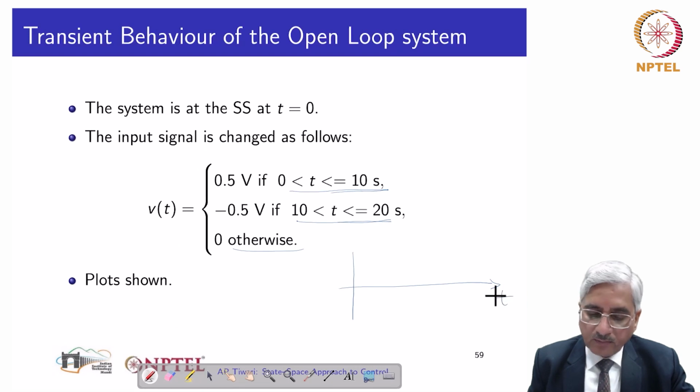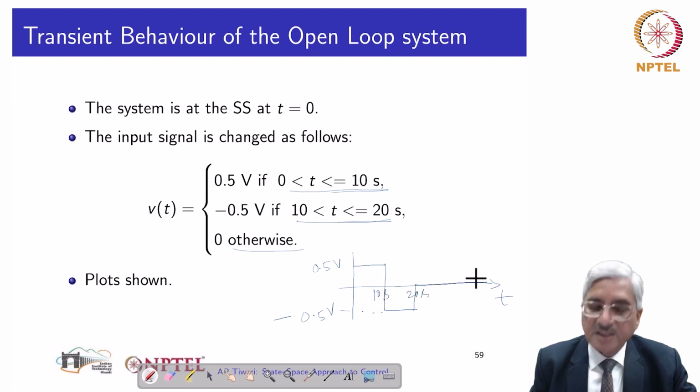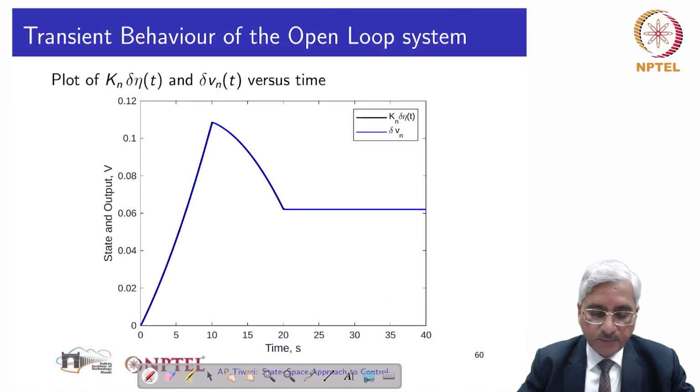This is the time. Between 0 to 10 seconds, the voltage is 0.5 volts. At 10 seconds, it is brought to minus 0.5 volt. This is 10 seconds, this is 20 seconds. Subsequently, it is maintained at 0. So it's a kind of single positive pulse followed by a negative pulse to neutralize it, and subsequently it is kept at 0.